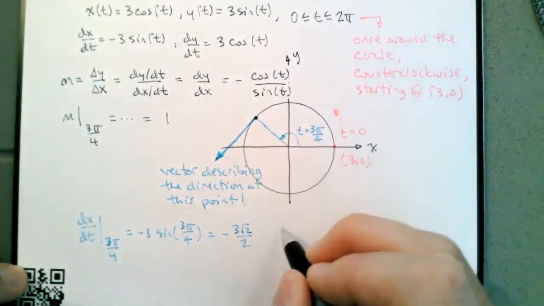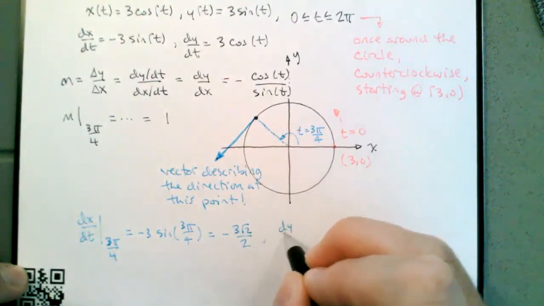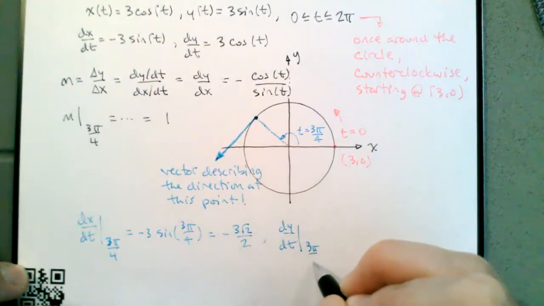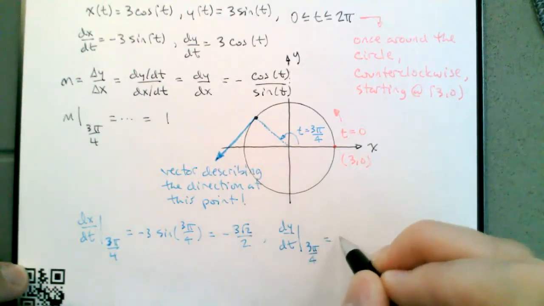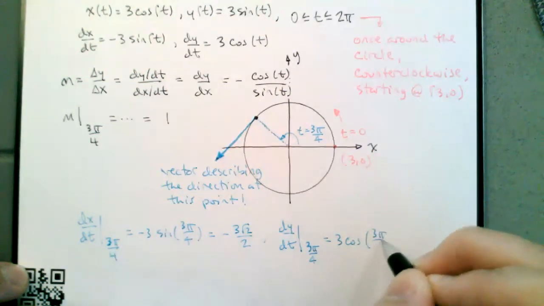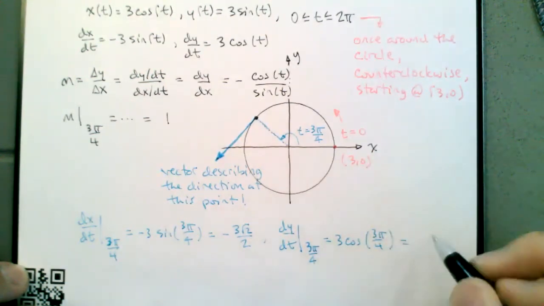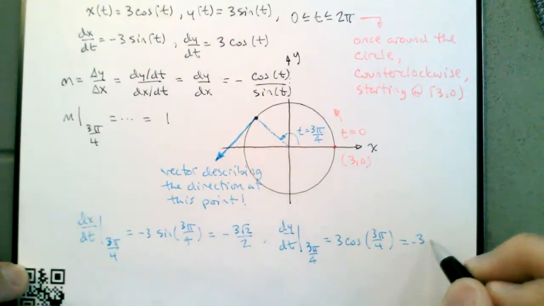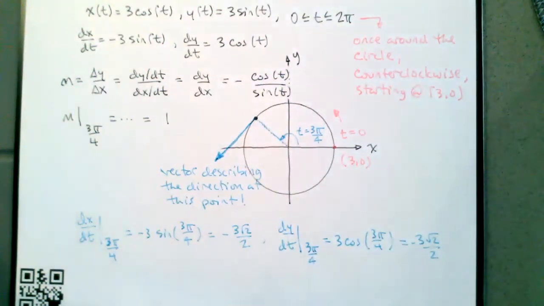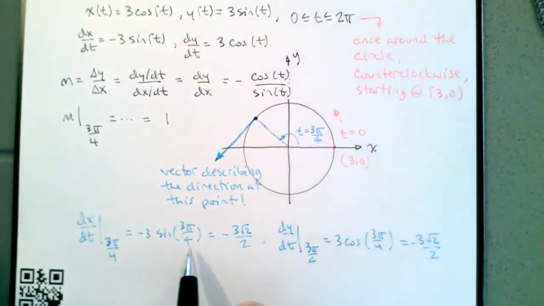And we can calculate that. So dy/dt when t is 3π/4 will be 3 times the cosine of 3π/4. So that'll be 3 times -√2/2. In the first problem, sine of 3π/4 was positive √2/2 because we're in the second quadrant, where sine is positive.